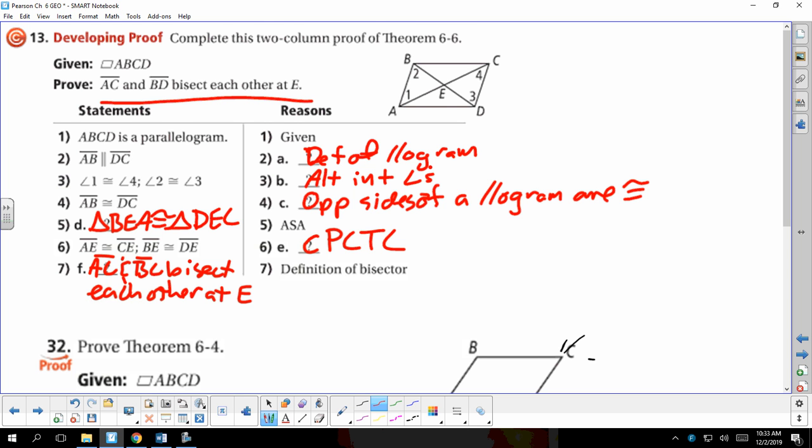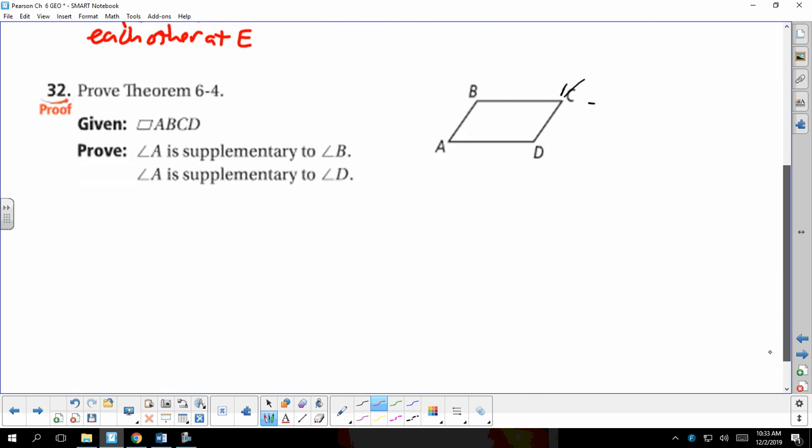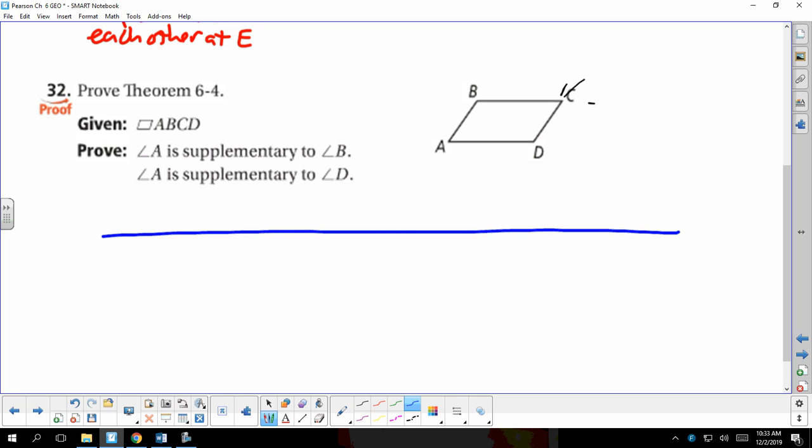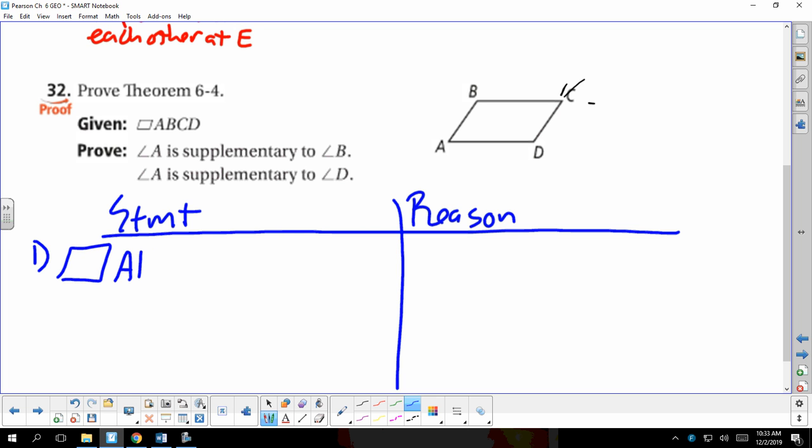All right. Next one. This one is one of the easier ones. So we're starting, we're given a parallelogram.